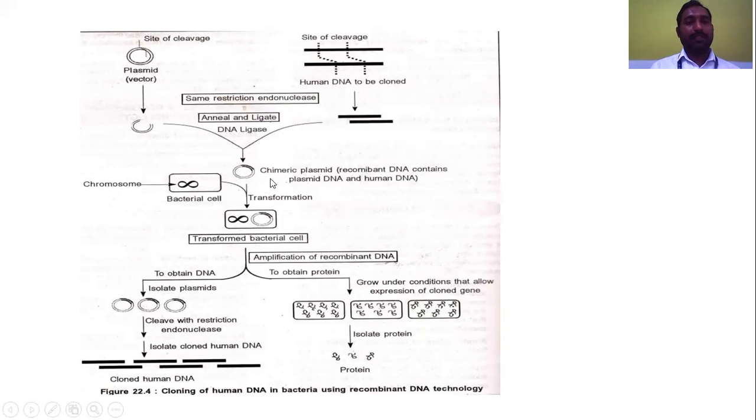This recombinant plasmid is transferred into bacterial cells, the host cells, through transformation. The transformed bacterial cells then amplify the recombinant DNA molecule continuously to obtain the gene of interest.